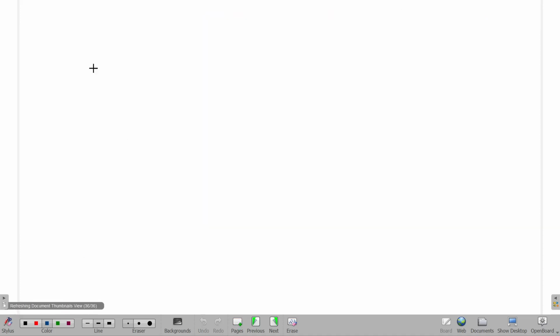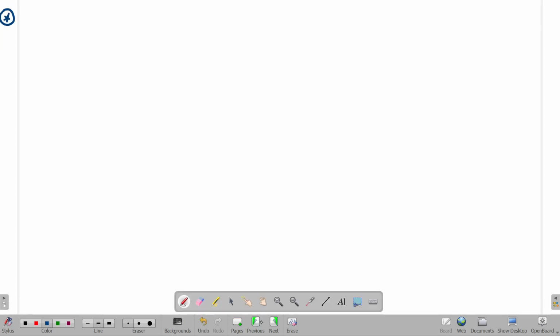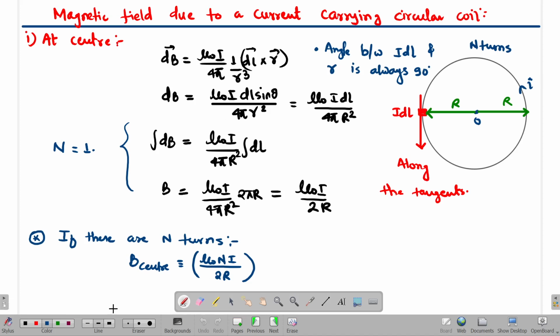Okay. Now the question arises that, sir, as there are n loops, you can find the answer. Here n can also be an integer or it can also be a fraction, like half loop, quarter loop, or something like that.